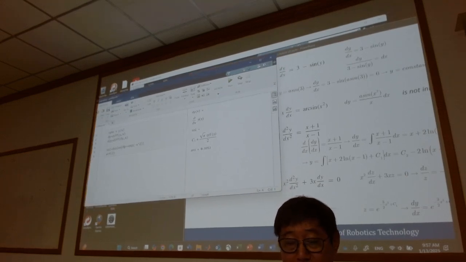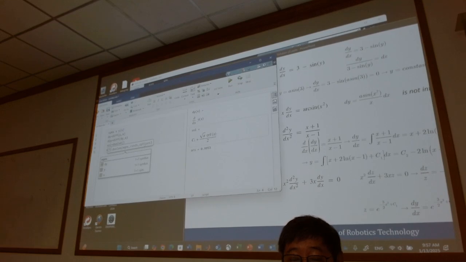Okay. So this one: x squared multiplied by d²y plus t multiplied by x multiplied by dy equal to 0.